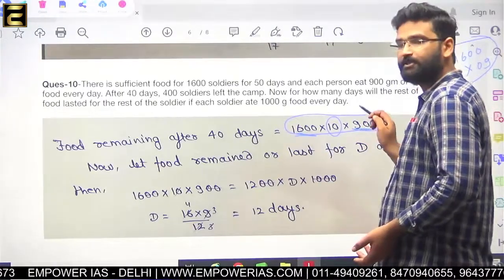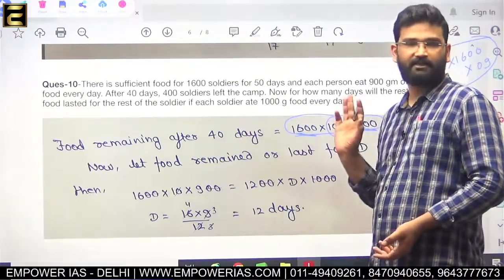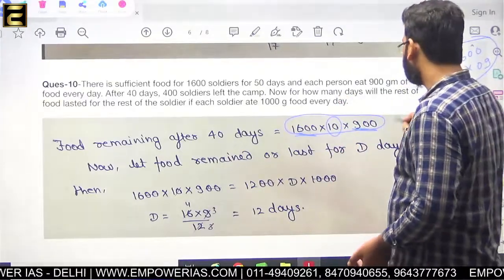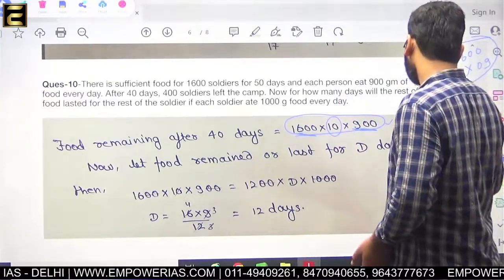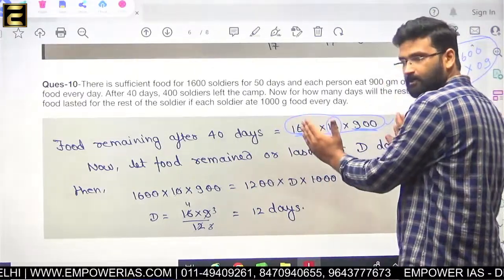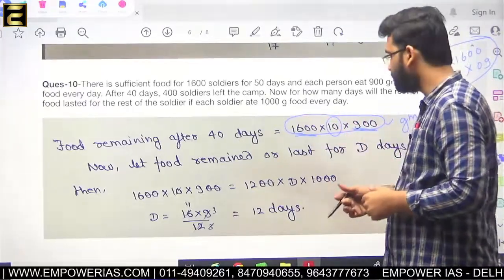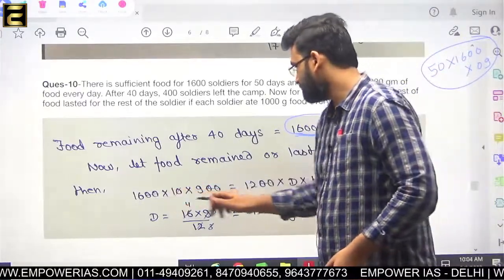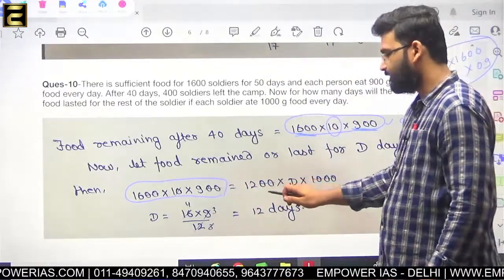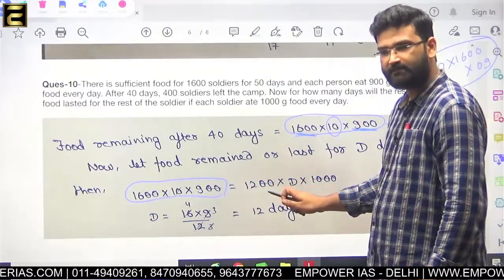So this much ration is left in the kitchen of that cantonment. This is the total grams of food. Now this food will be consumed by 1200 soldiers, because 400 left.